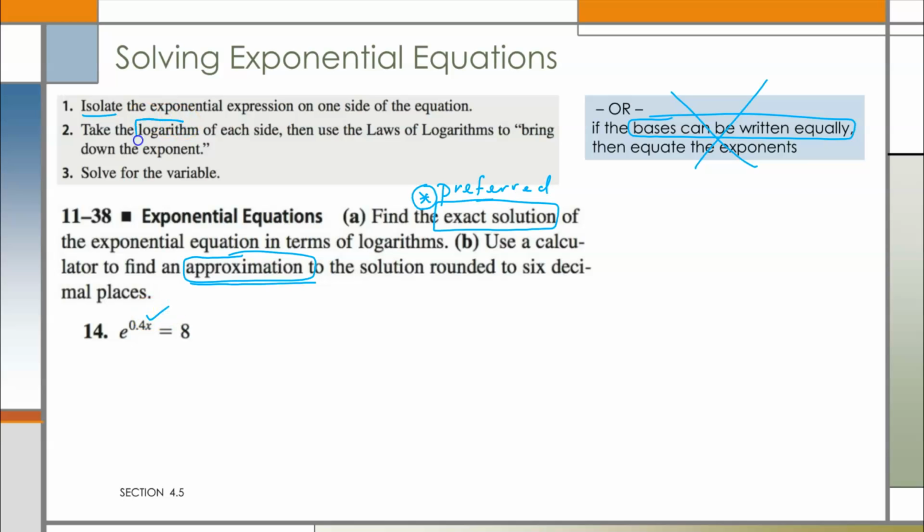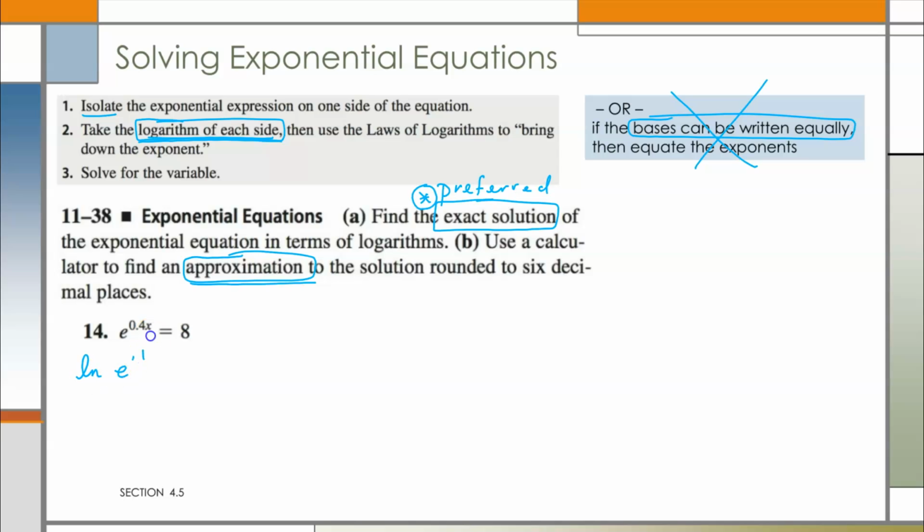Now we're going to take the log of each side. Why are we taking a logarithm? We're taking the logarithm because it inverses or undoes an exponential. We take the logarithm of each side using the same base. So since this is e, we're going to use log base e, which is ln.